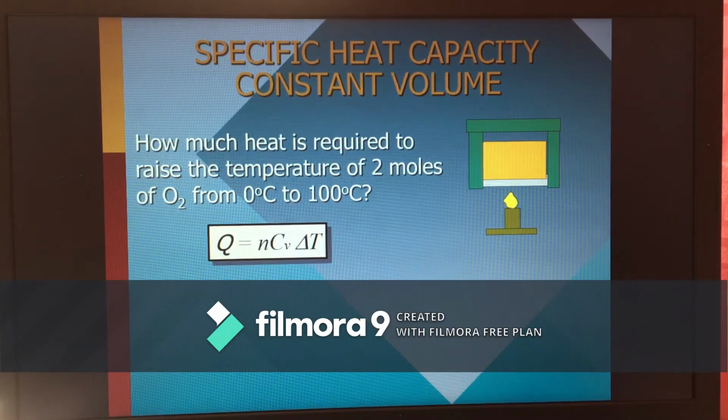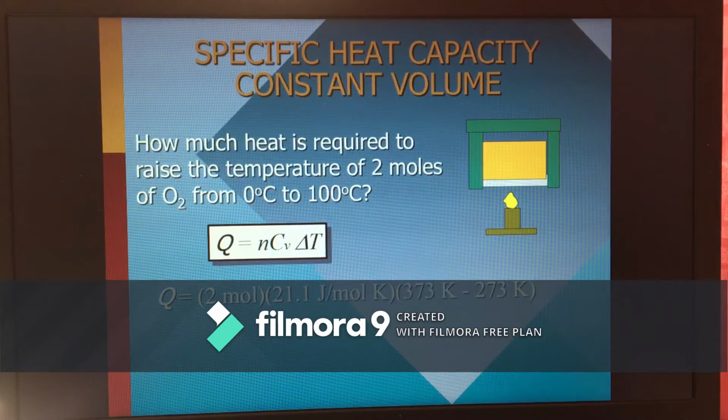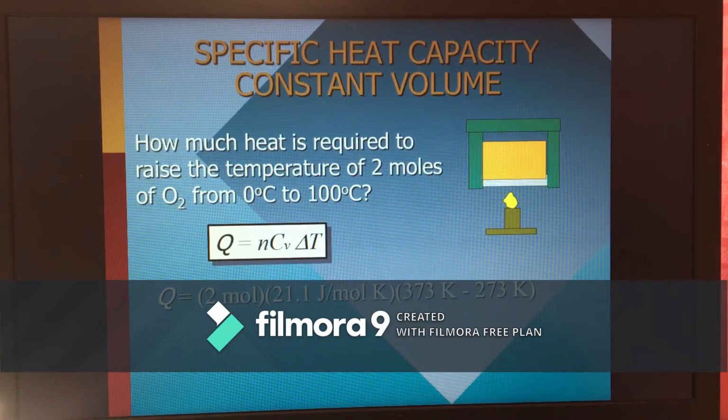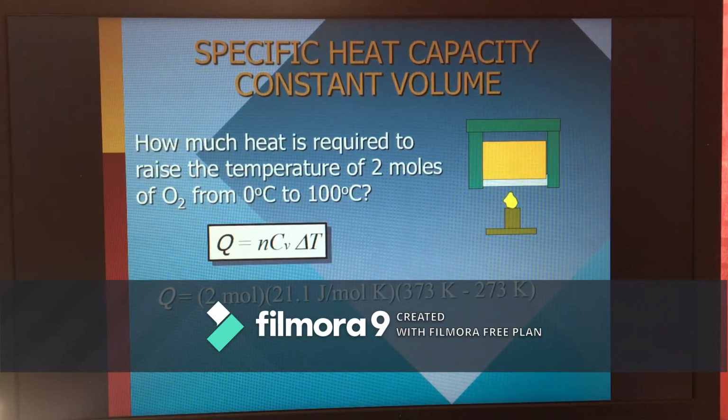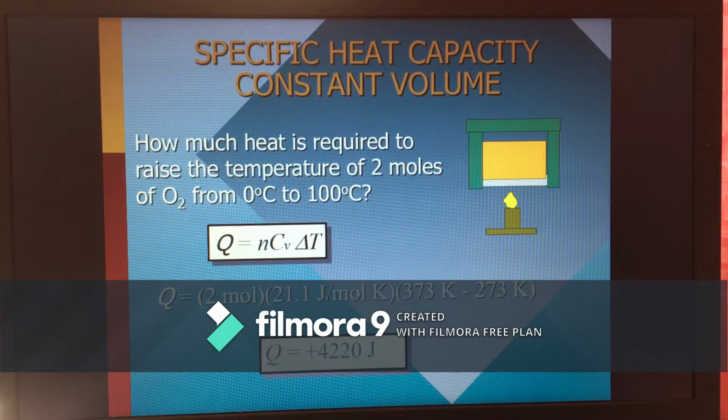So substituting, we have N equal to 2 moles, and the specific heat capacity of oxygen is 21.1 joules per mole Kelvin, and delta T is 373 minus 273 Kelvin. Therefore Q is equal to positive 4,220 joules.